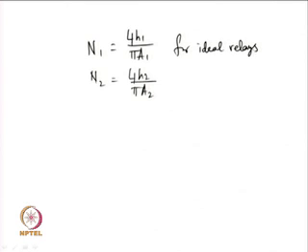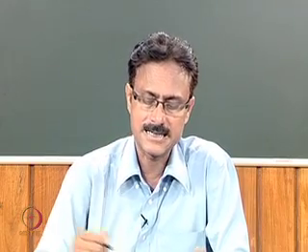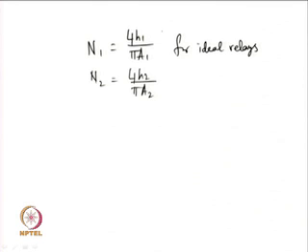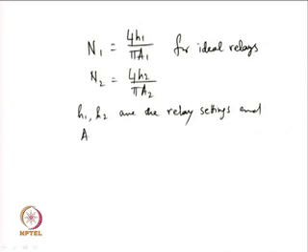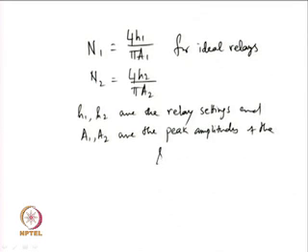So, when the relay possesses some hysteresis, in that case these expressions are to be modified. Now, what are H1, H2, A1, A2? H1, H2 are the relay settings and A1, A2 are the peak amplitudes of the sustained oscillatory outputs.